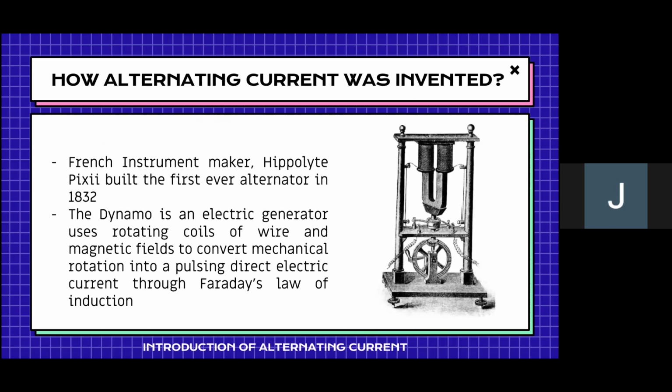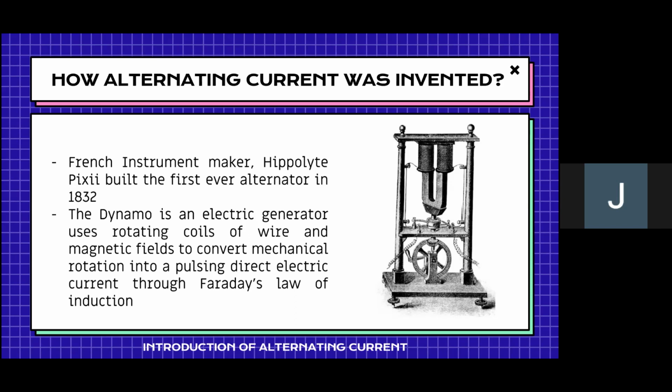Sino nga ba yung nag-invento ng alternating current? Pagka sinabing AC or DC, ang nasa site lagi na pangalan is si Thomas Edison or si Nikola Tesla. Pero base sa research ko, ang nakadiscover talaga ng alternating current is isang French instrument maker na nagngangalang Hippolyte Pixii na nabuo niya noong 1832.